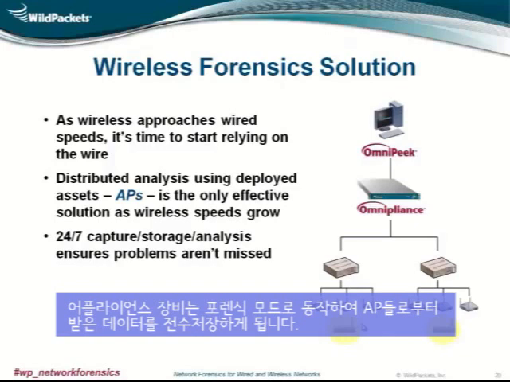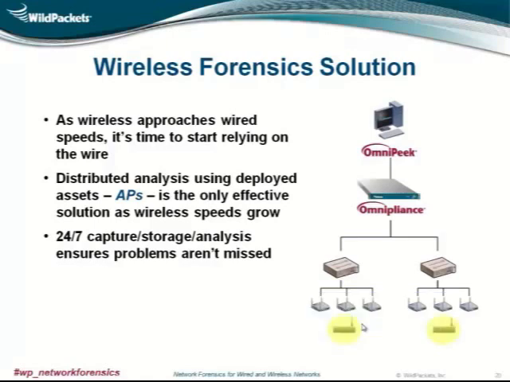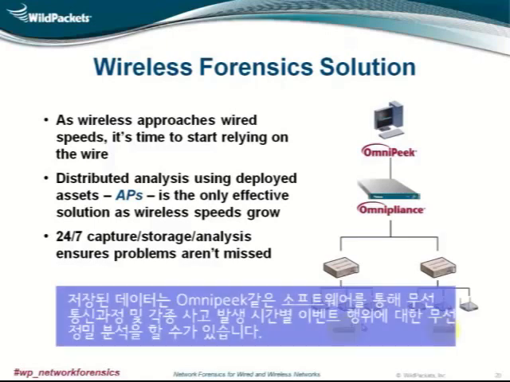If you're doing forensics, it's going to be able to capture all those packets, store all those packets, and then give you a user interface through software like OmniPeek to be able to go back and analyze any of that wireless data in a post-capture or post-incident methodology.